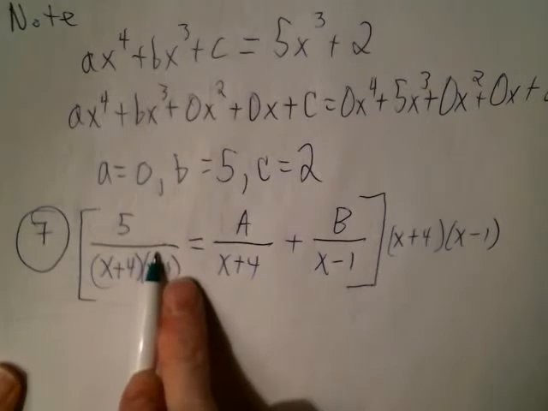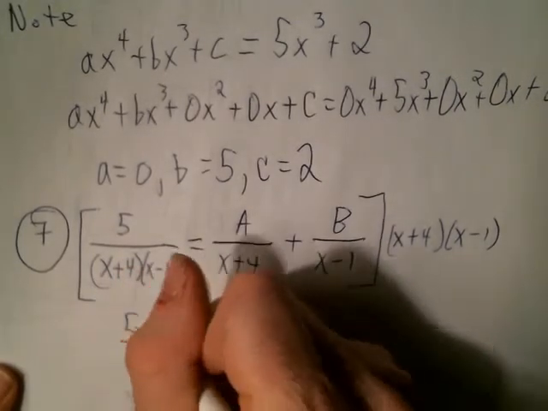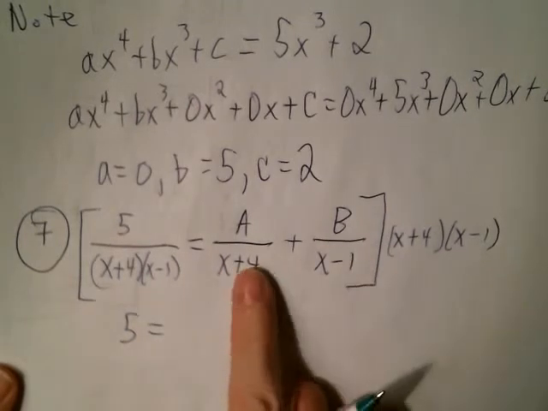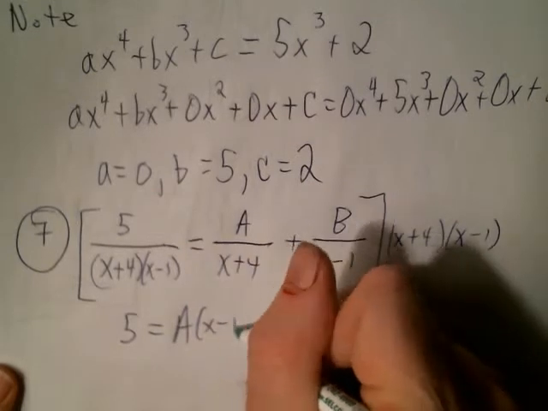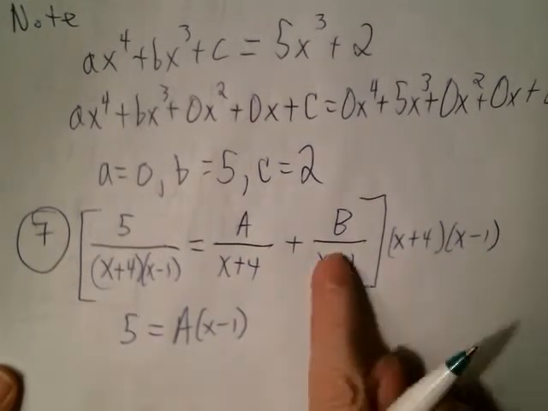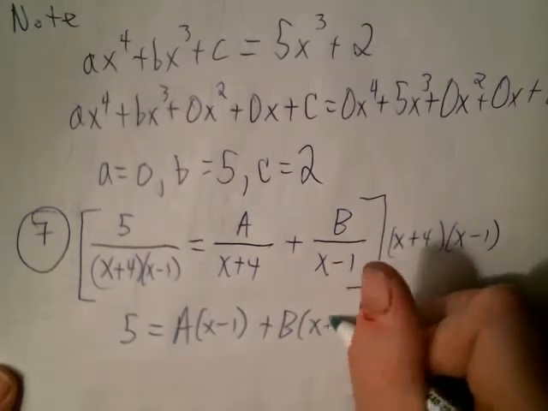So this times this side, the x plus 4, x minus 1's cancel, and you're left with 5. This times this, the x plus 4's cancel, leaving you with A times x minus 1. Then this times this, the x minus 1's cancel, leaving you with B times x plus 4.